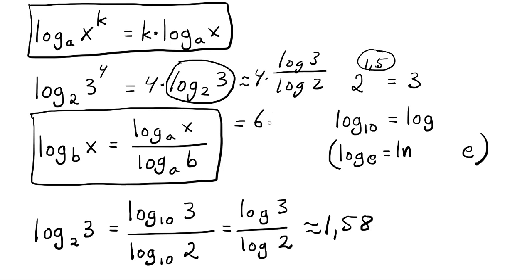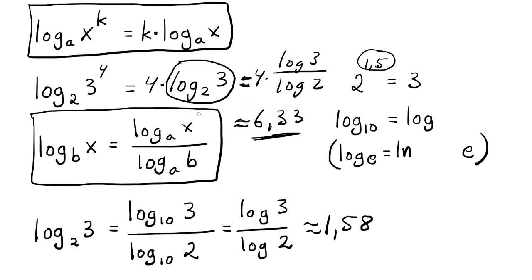I will actually get 6.33 to 2 decimals. So we got 6.32 if I round off in the middle of the calculation. So you should do it as a last step. You should put it into the calculator, otherwise you can get some decimals wrong.